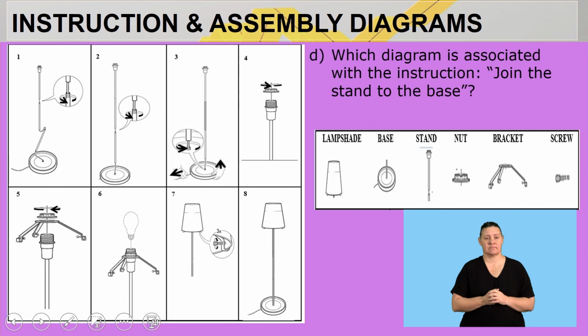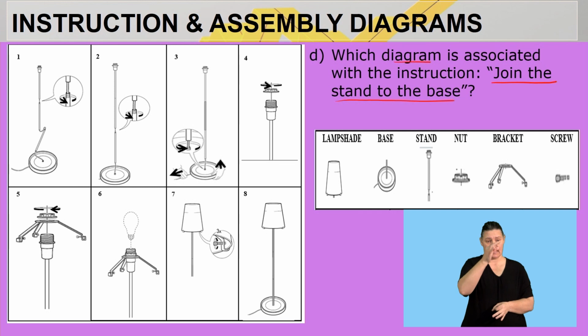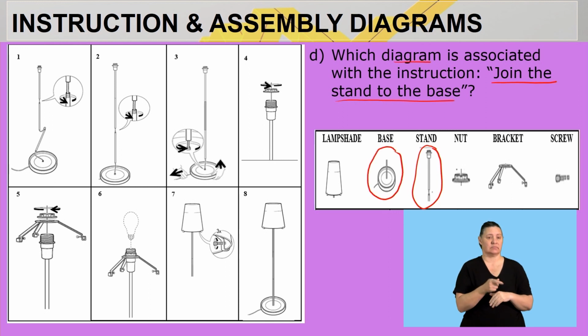We'll now be moving on to question number D. It says, which diagram is associated with the instruction join the stand to the base? Let's carefully look at what is happening here. The stand is this one and the base is this one. Those are the 2 items that I need to work with.